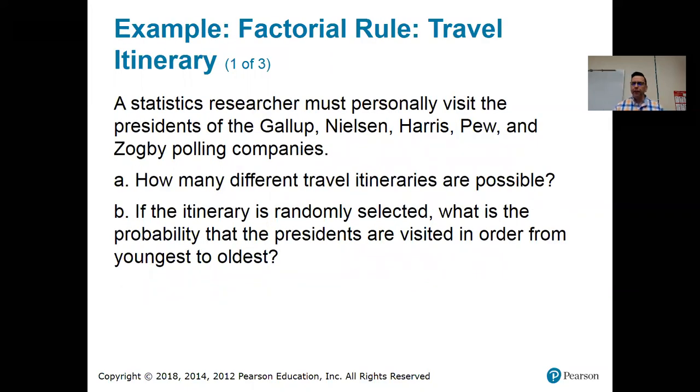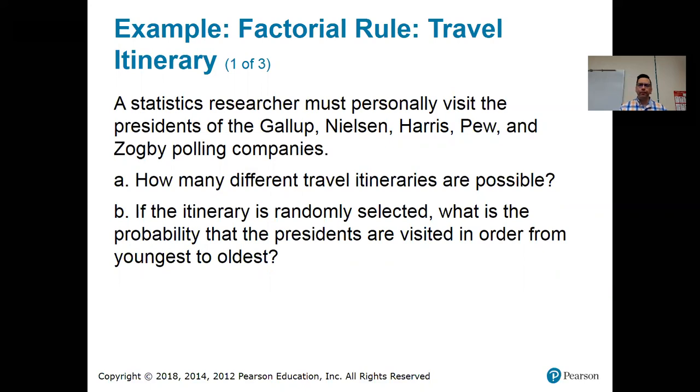Okay, official example for factorial rule. A statistics researcher must personally visit the presidents of the Gallup, Nielsen, Harris, Pew, and Zogby polling companies. These are all real polling companies. So the first question is, how many different travel itineraries are possible?